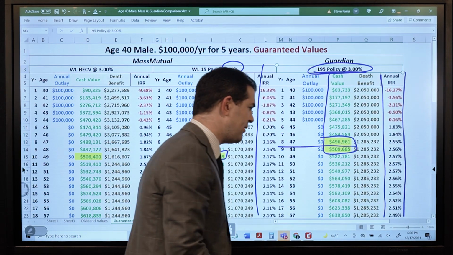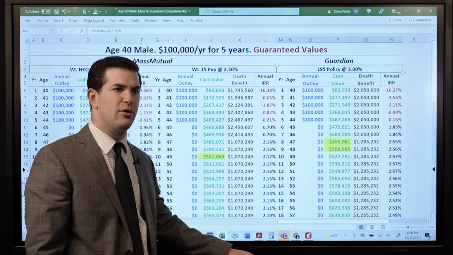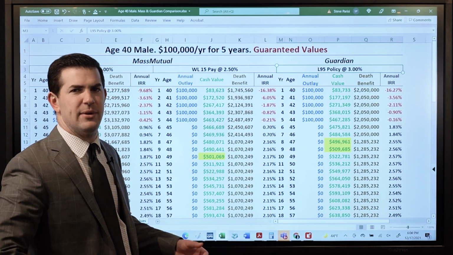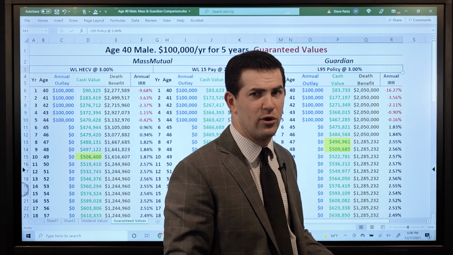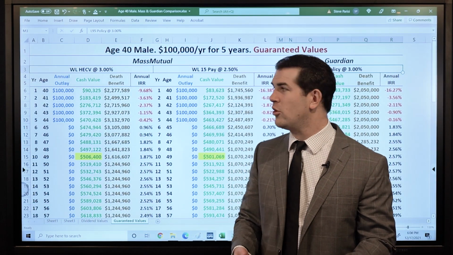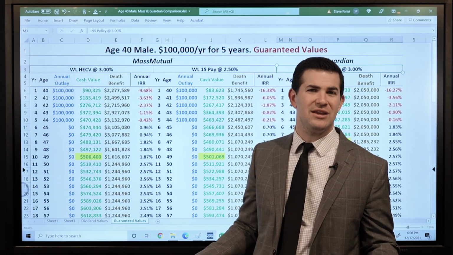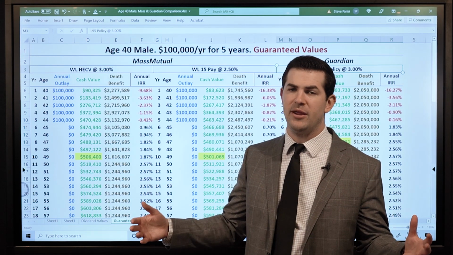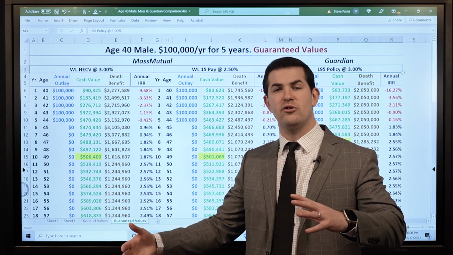Will I actually see it produce the worst case scenario? Likelihood is no, with almost any company, really. All companies have paid dividends for over 100 years. Most of the major mutuals, over 150 years, 160 actually. It's a long time. Guardian is the smallest of the major mutuals, and they've been in business for 161 years. They're a huge company, but compared to Mass Mutual, New York Life, or Northwestern, they are smaller.